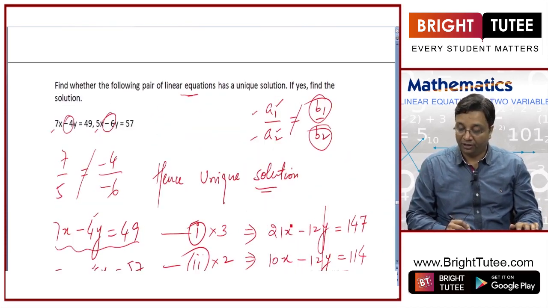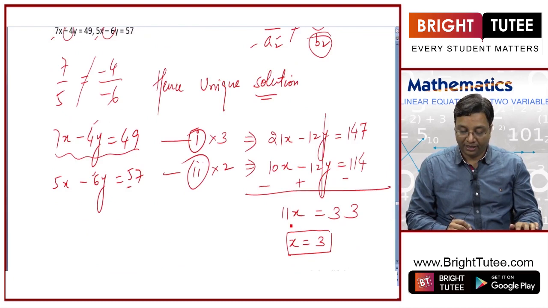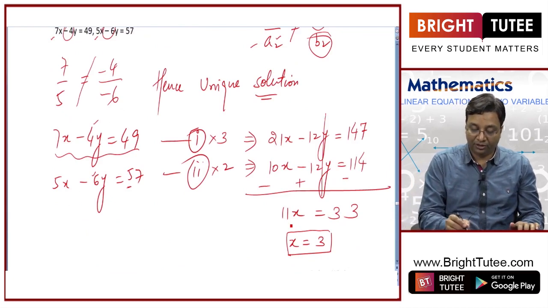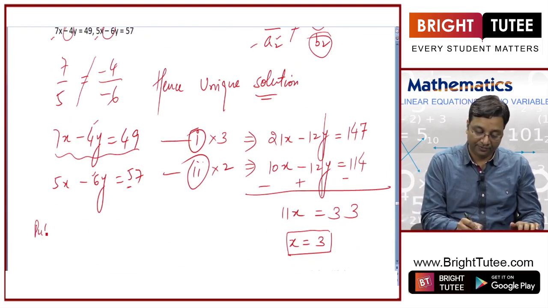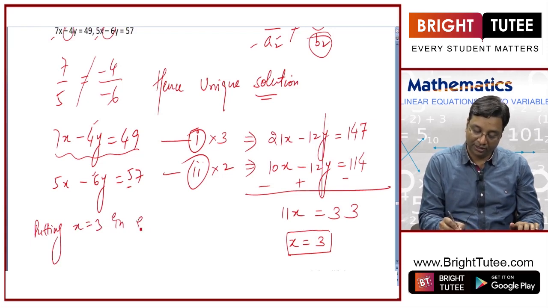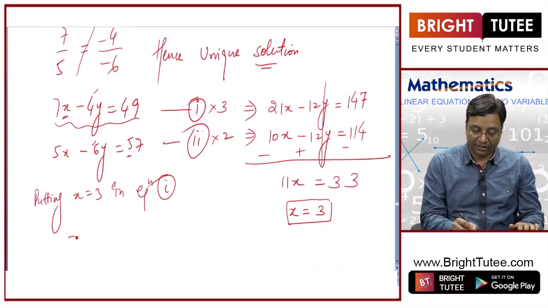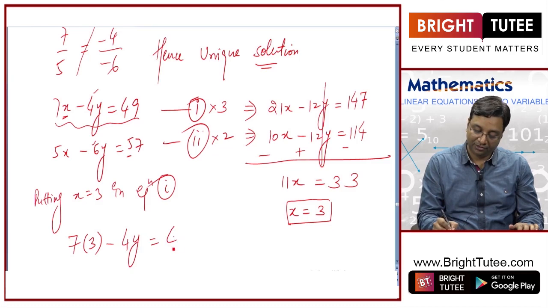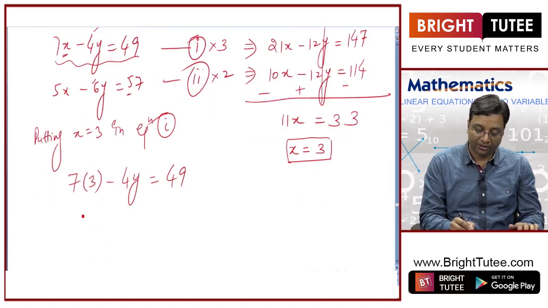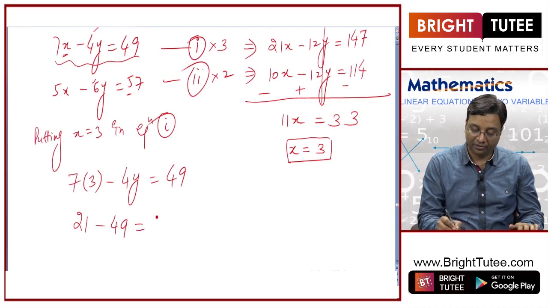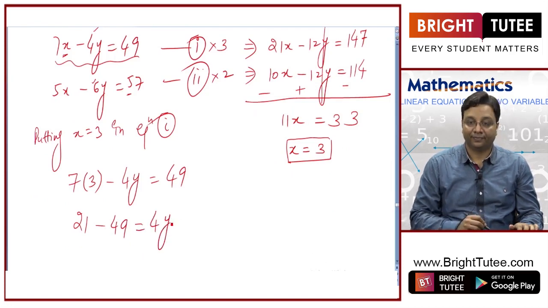Now that I have got the value of x, I will simply put it in equation number 1. So putting x equal to 3 in equation first. So 7 into 3 minus 4 into y is equal to 49. So this is 21 minus 49 equals 4y.